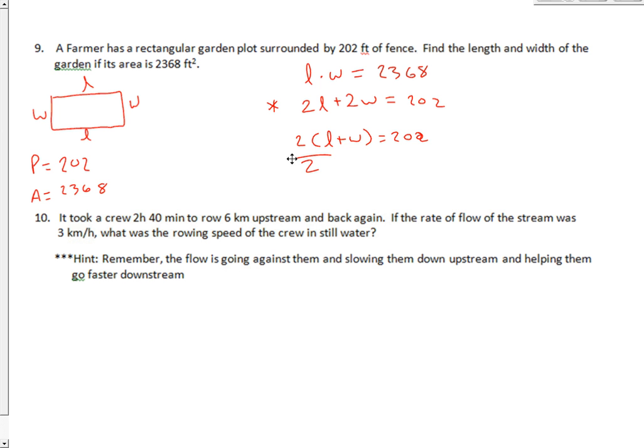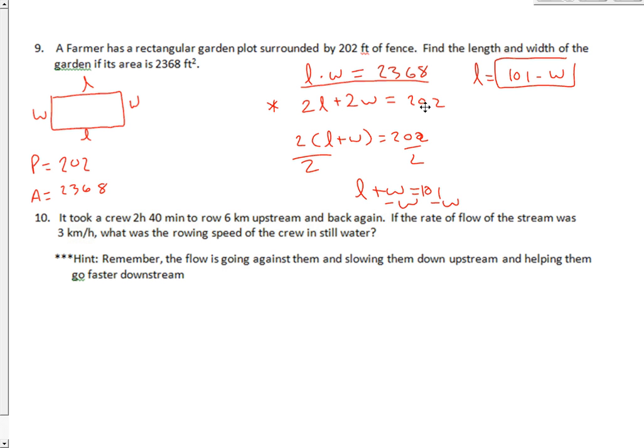I'm going to divide out the 2. That gives me L plus W equals 101. And then I'm going to subtract the W, and I get L is equal to 101 minus W. So that is my substitution value for L in my area equation.